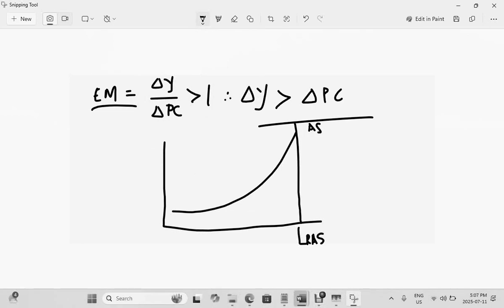And let's assume that this over here is your aggregate demand curve or AD, and let's call it AD0. We start at AD0.